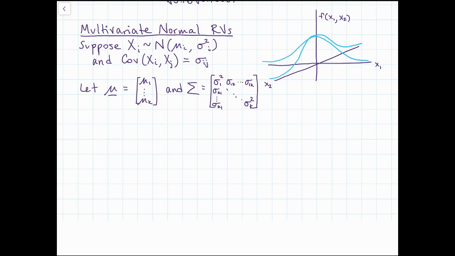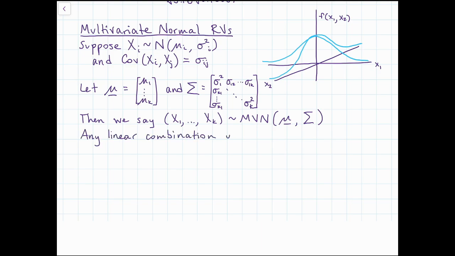Interestingly, if we had independent random variables, then all of those covariances would be 0, and we'd end up with a diagonal matrix. So that's kind of neat. But in general, we're allowing there to be some non-zero covariance in any or all of those pairs. So if we have this vector mu and this matrix sigma, we say x1 through xk follows a multivariate normal distribution with this mean vector and this covariance matrix, MVN for short, as multivariate normal.